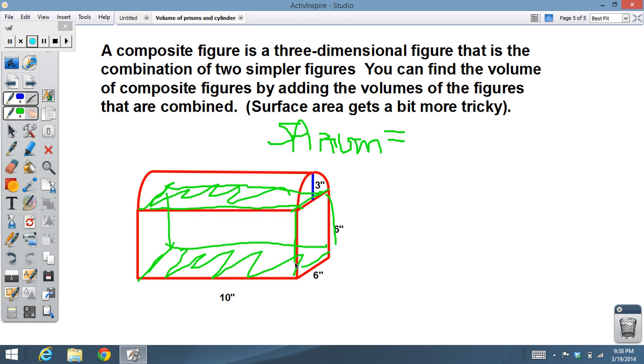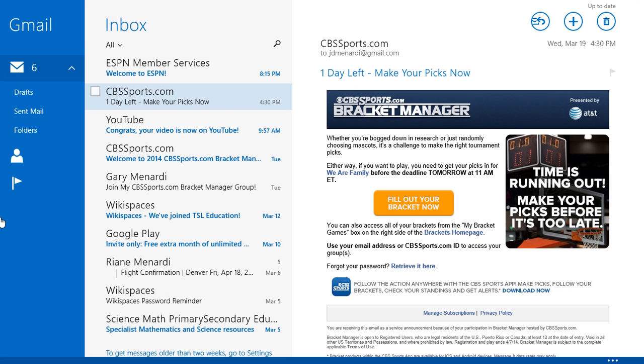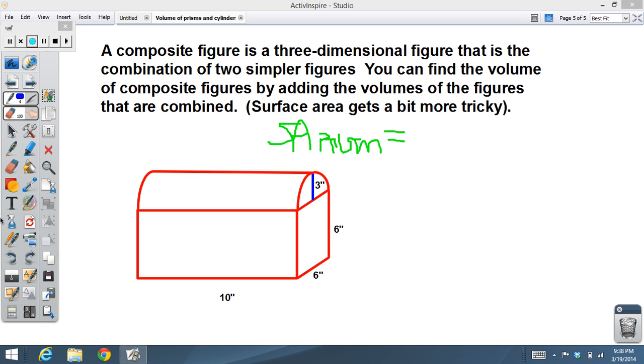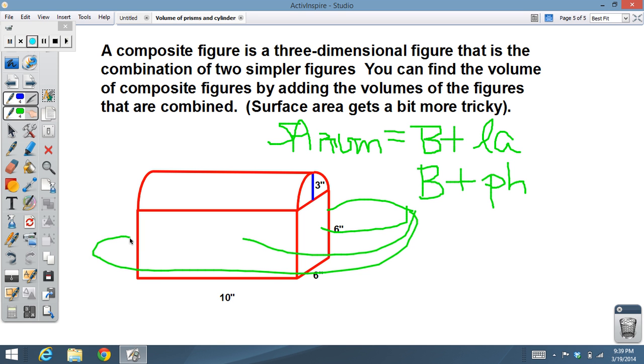All we're going to do is take the areas for the surface of what's on the surface. So that one base is not going to be there. For this particular shape, I take the area of the prism, which is only one base, the bottom, plus the lateral area, or the perimeter times the height. That's all there, because I got all four sides for the lateral area, right?